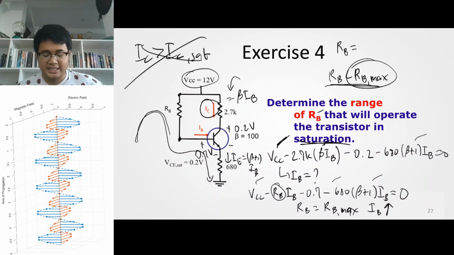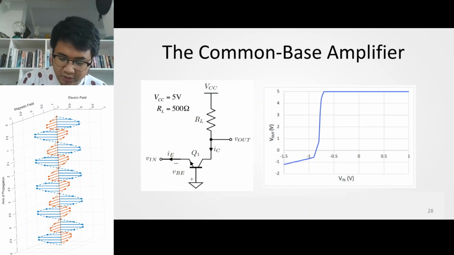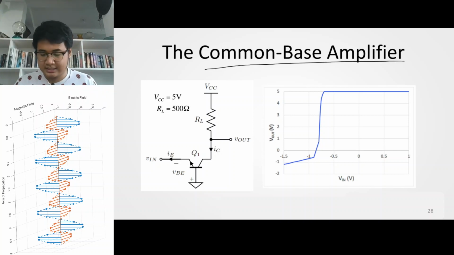Okay, and that's the end of all the examples. Just an FYI for everyone, there's two other topologies that we use for BJTs. One is the common base amplifier. The common base amplifier has this input versus output curve.